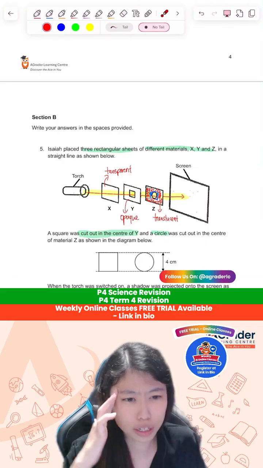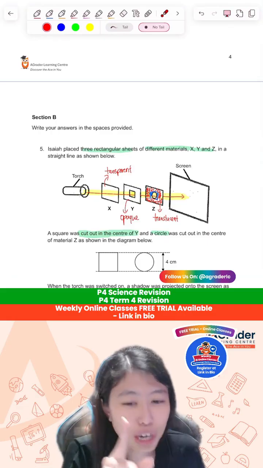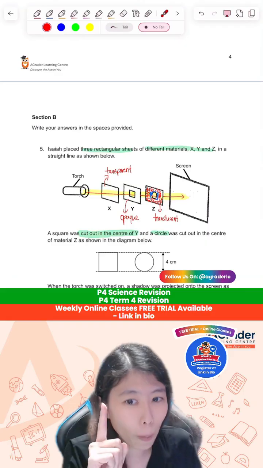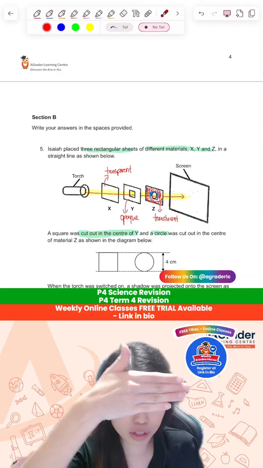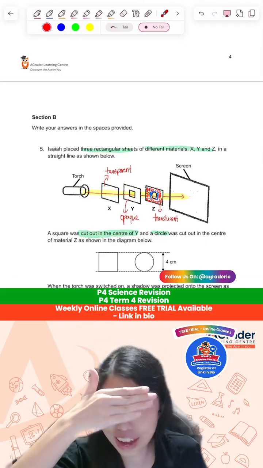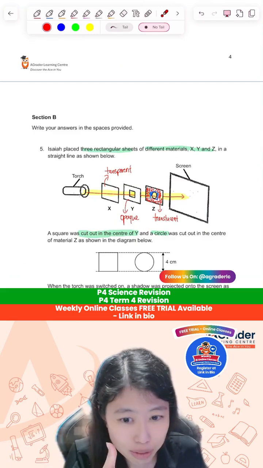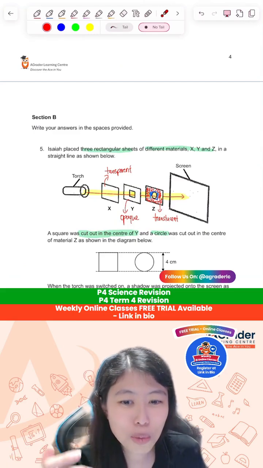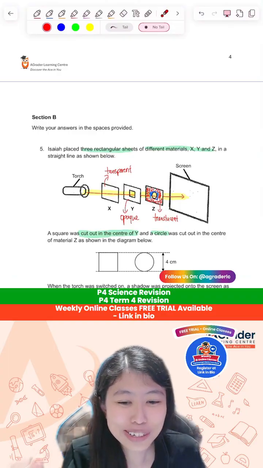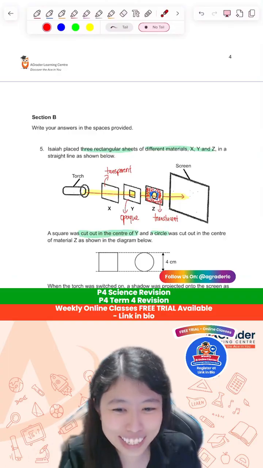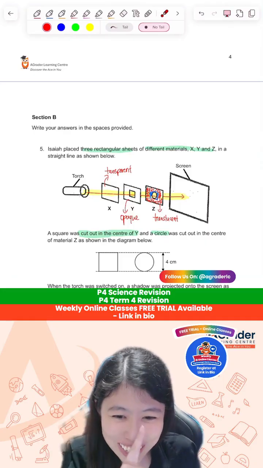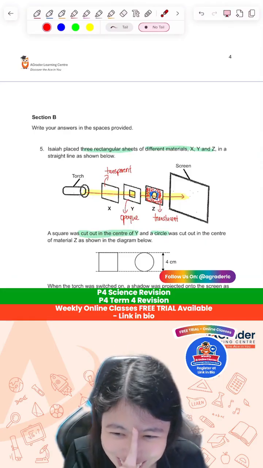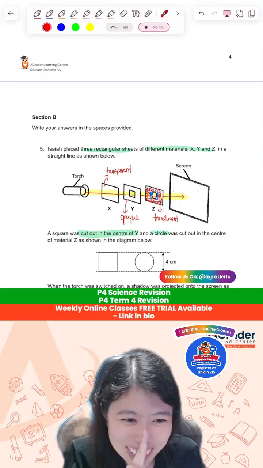You think carefully. Okay, I give you a clue. Imagine if you have opaque material right in front of your eyes. Can you see anything? Do you want your sunglasses to not let you see anything? So which one would you choose?